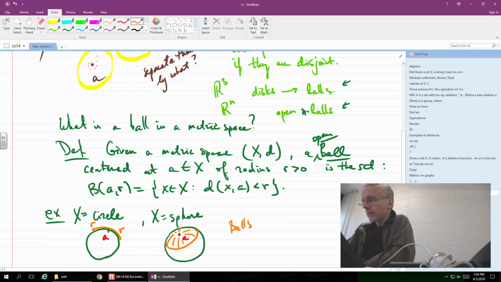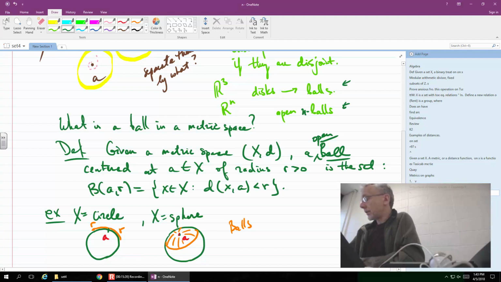So these are balls. We measure distance from A along the curve, and that will be the disk. For example, the upper hemisphere is a ball around the North Pole. Okay, and then all of these are big ones. If you make it small, then it's almost like an actual disk.